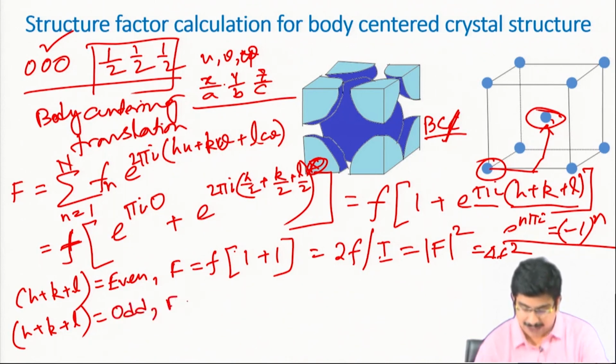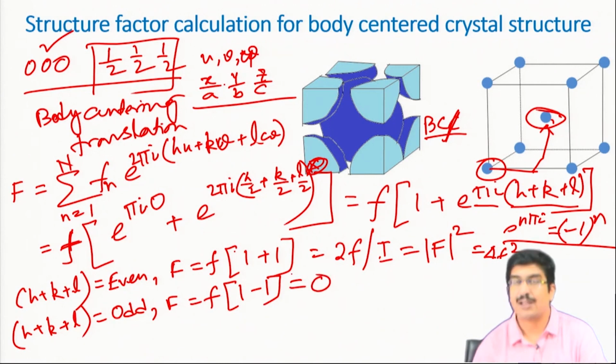then we are getting F equals f into 1 minus 1 now, and this turns out to be 0. So that means if h plus k plus l is even, we are going to get an intensity equal to 4f square.